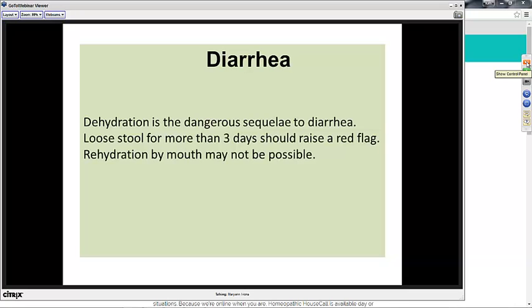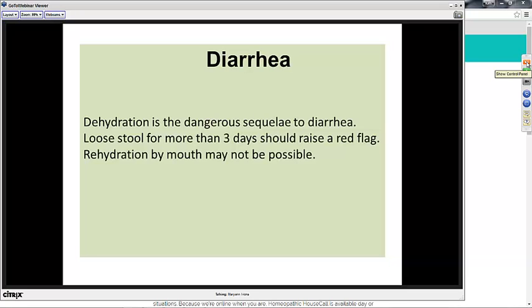And if you are a young person, let's say under 8 years old and under 70 pounds, they tend to lose a lot of fluid quickly, more quickly than adults. Or if you have an older person, they tend to lose more fluids than younger people. So dehydration is the enemy in this case. When you start to see dehydration, you have a change in mentation, that is to say, how people interact with their world.